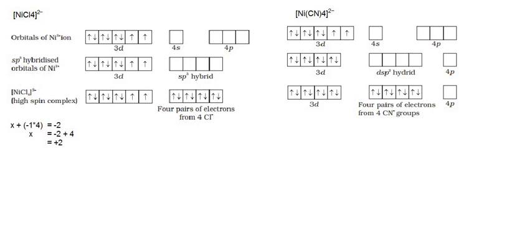So complexes like [Mn(CN)6]3- have a magnetic moment corresponding to 2 unpaired electrons, whereas [MnCl6]3- has a magnetic moment corresponding to 4 unpaired electrons.